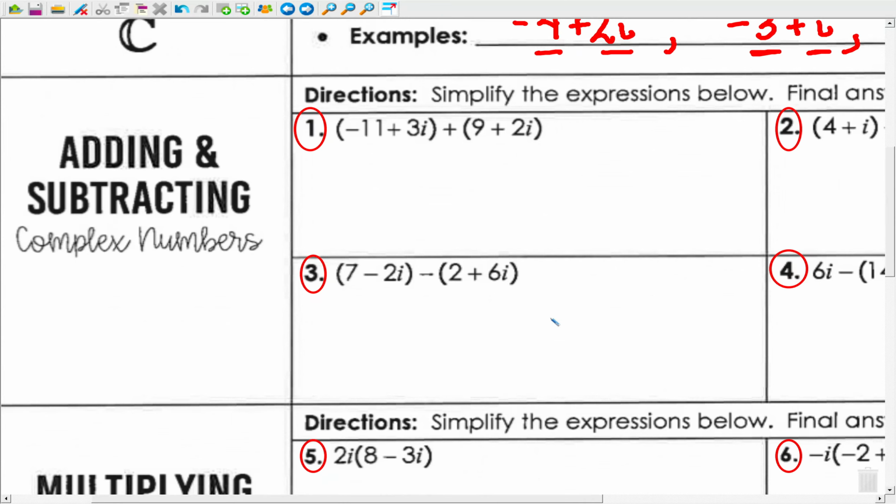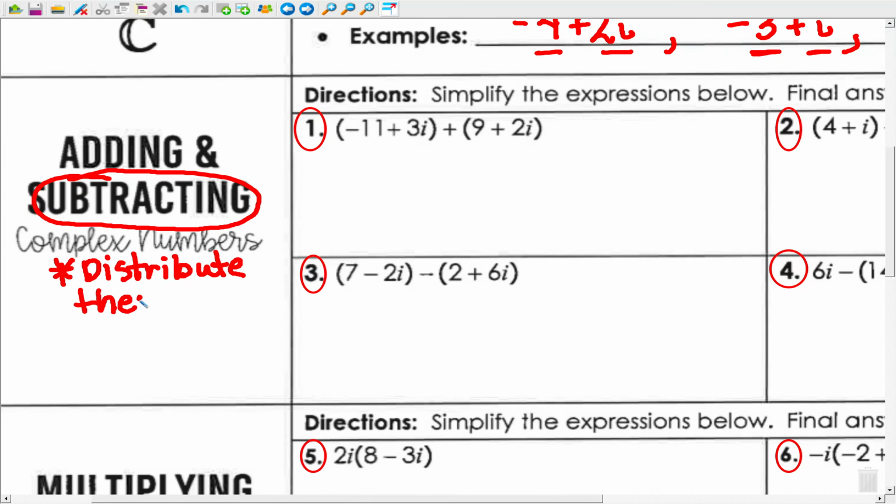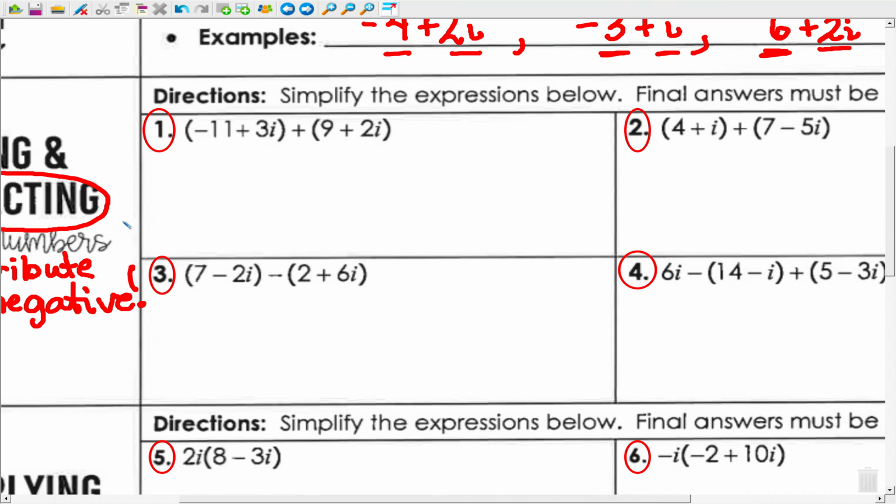The only caveat, the only thing you need to remember is when you are subtracting, you must distribute the negative into the parentheses. Distribute the negative. All right, well, that's only for subtracting. So let's start first by looking at the ones where we're adding.